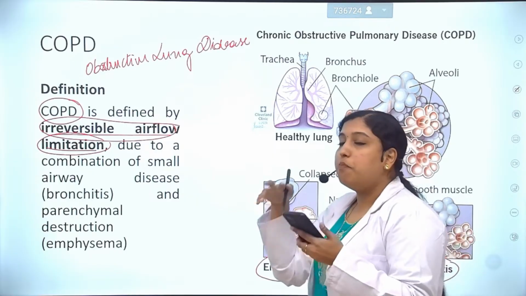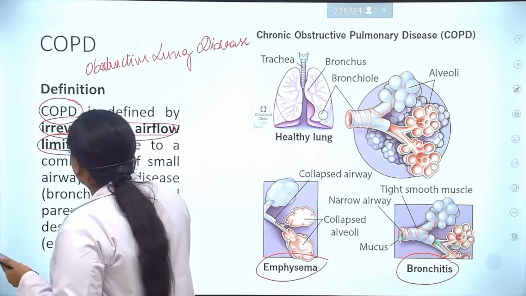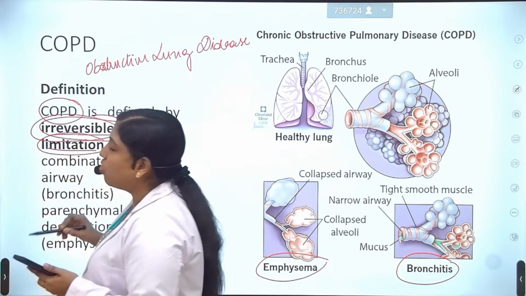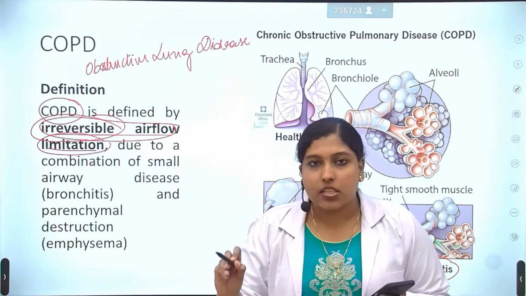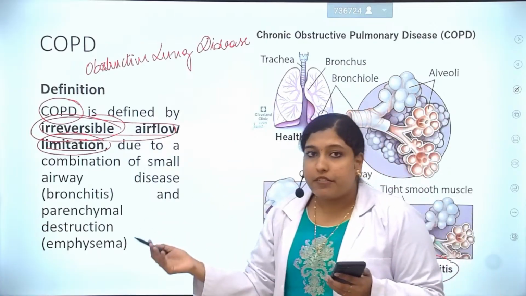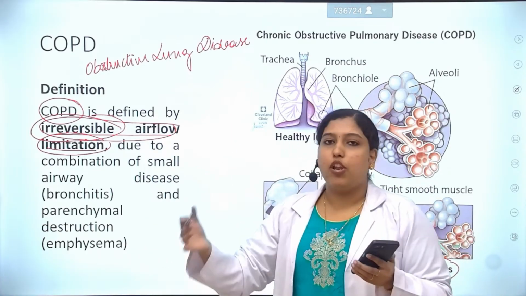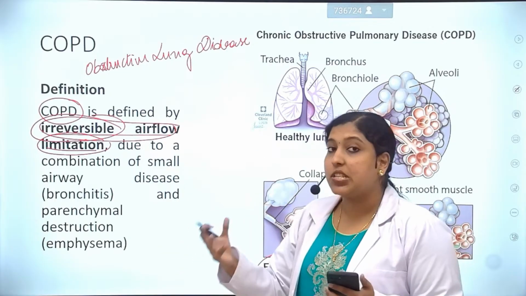We have many obstructive lung diseases. We clinically call COPD an irreversible airflow limitation because it will not normalize even if you give management. Even after a proper treatment regimen, your spirometry level or the airway will not be re-established. It is always irreversible.